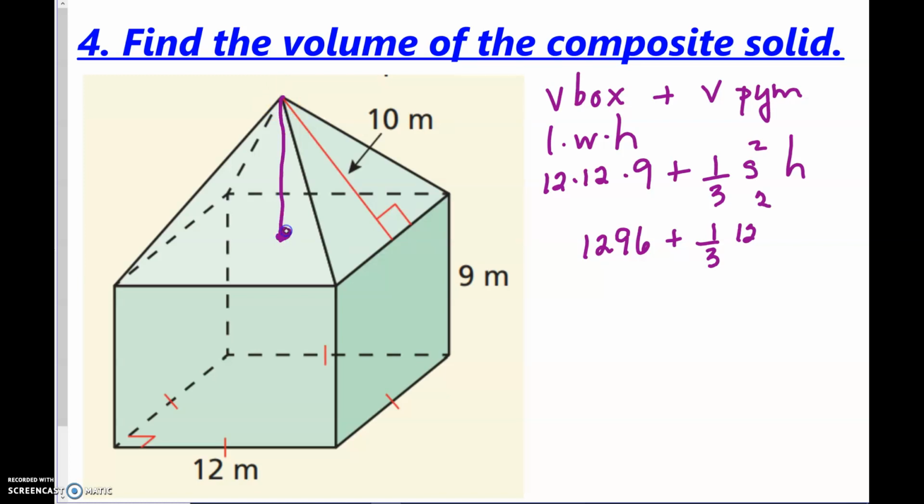This is going to be a right angle, so this is what we need, the height of this figure. Well, we now know that this is 10, and if this whole thing across this box is 12, then I know that this piece down here is going to be 6.